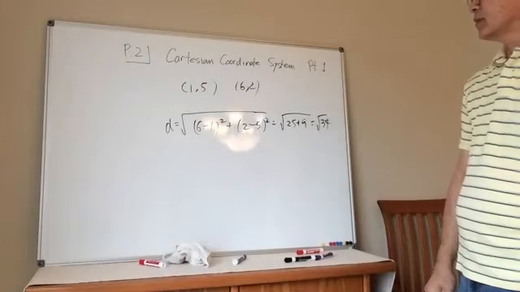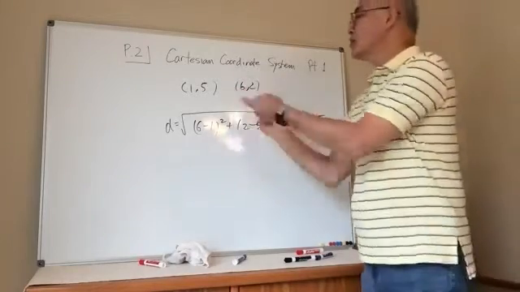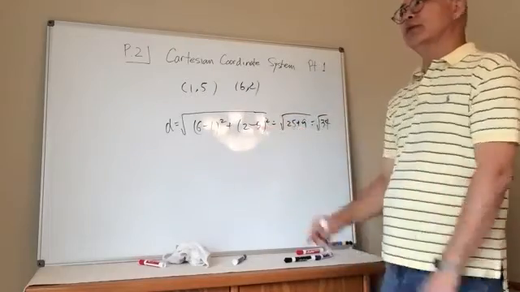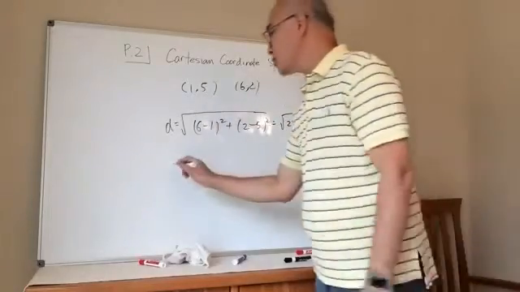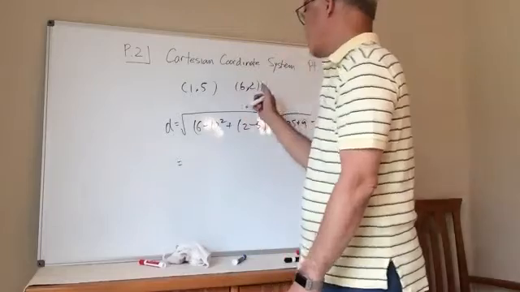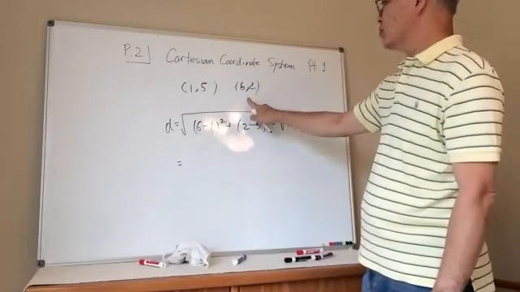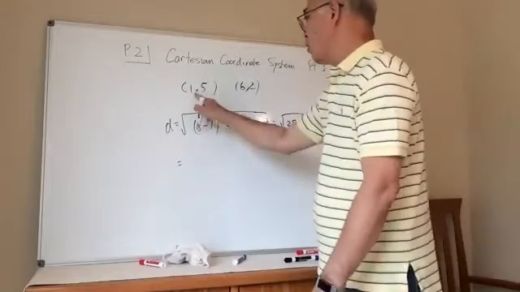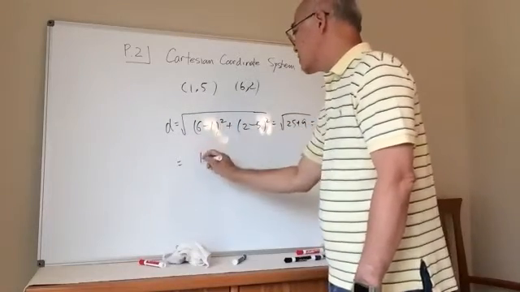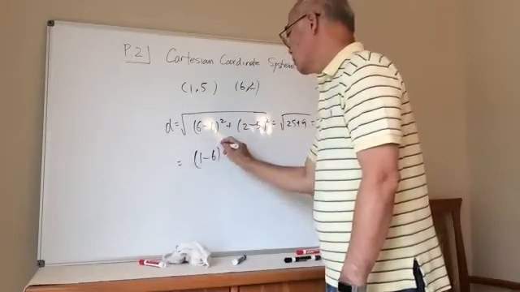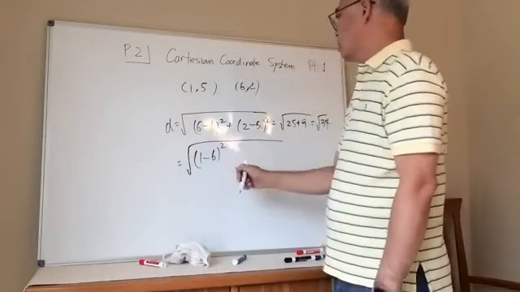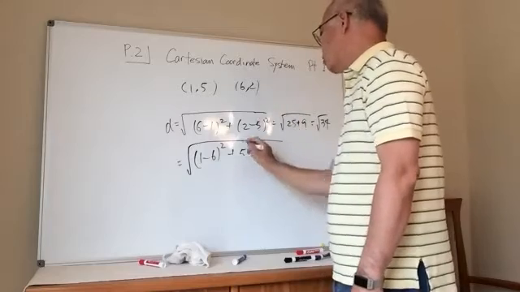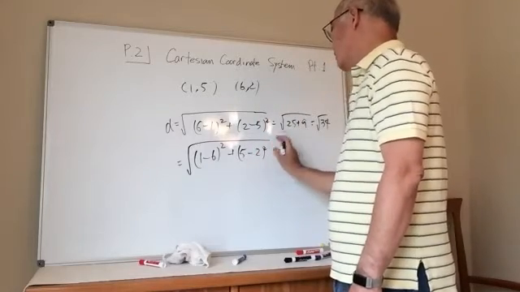Okay? What happens if, in this instance, I call this guy x1, y1, this guy x2, y2? What if we switch it around? If I switch it around, what do I get? If this was x1, y1 and this is x2, y2, then I would have 1 minus 6 squared plus 5 minus 2 squared.